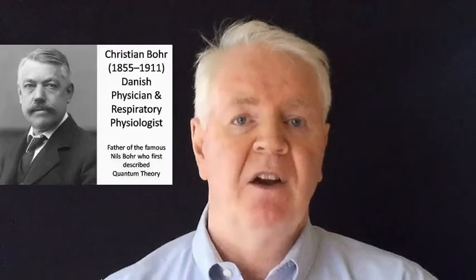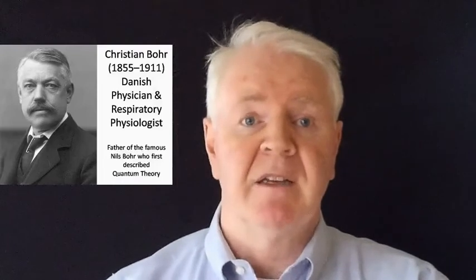The effect of CO2 and hydrogen ions on binding oxygen is called the Bohr effect, named for a famous respiratory physiologist, Christian Bohr, shown right here. And he's actually the father of the famous Niels Bohr, who discovered and described quantum physics.